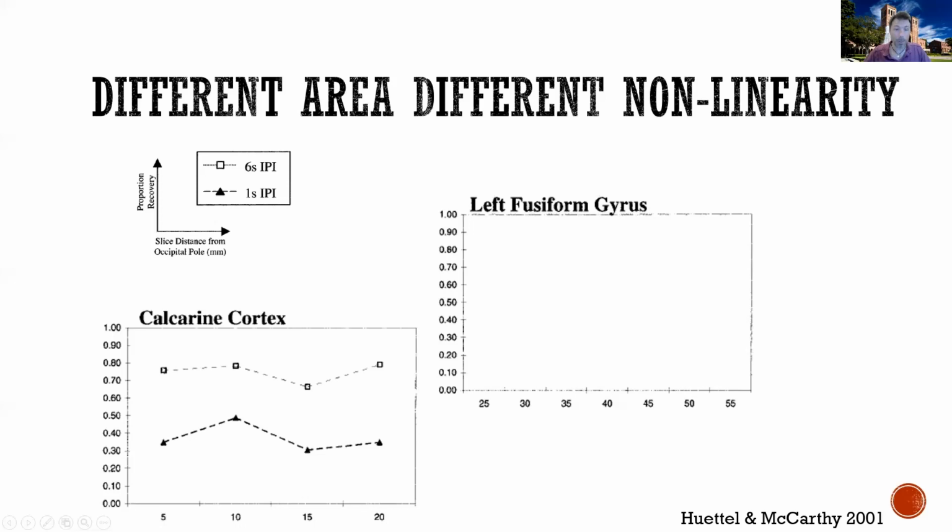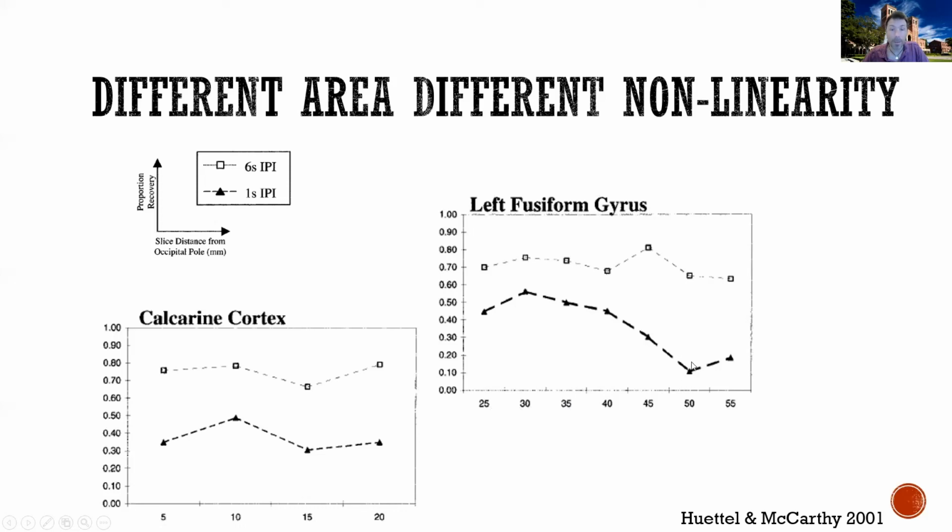But notice what happens as we move further and further away from the back of the brain. The further away we are, the further frontal, the further rostral we are, the greater the nonlinearity.